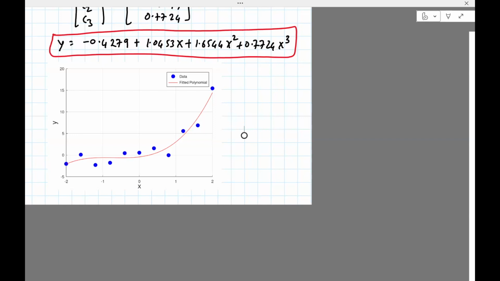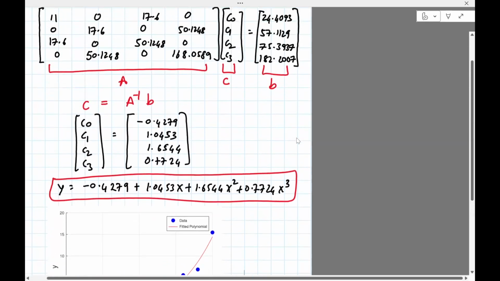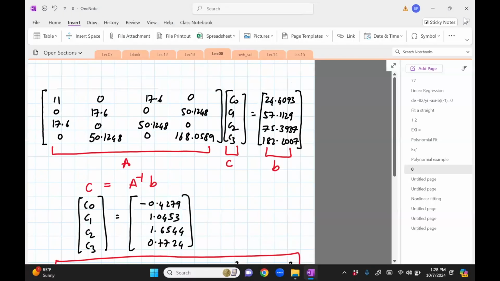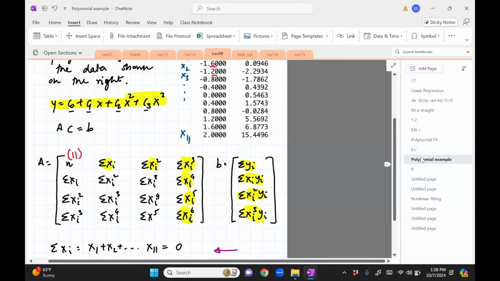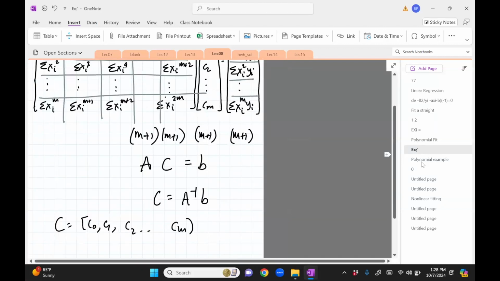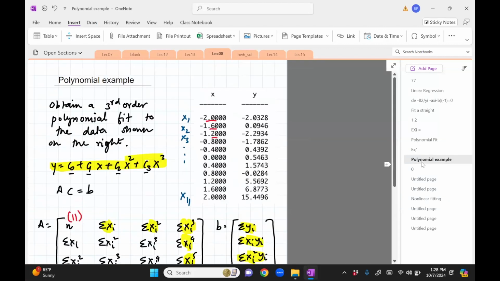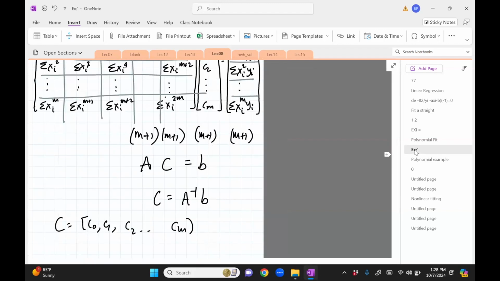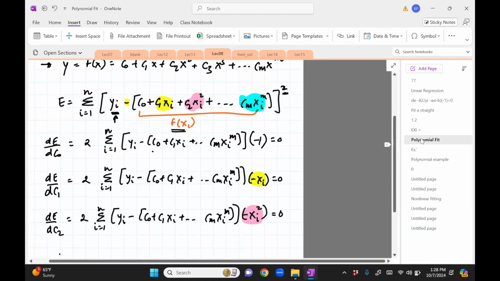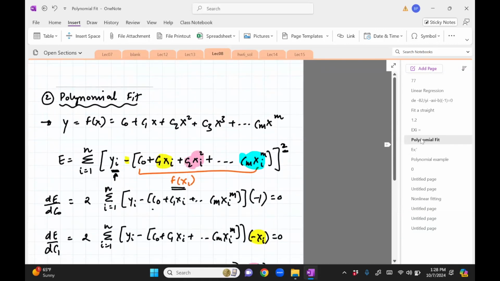Another metric you can use: what we are trying to do here is fit the equation such that our fit reduces the error. There's some metric which gives you the error, so you could use that as a judge.